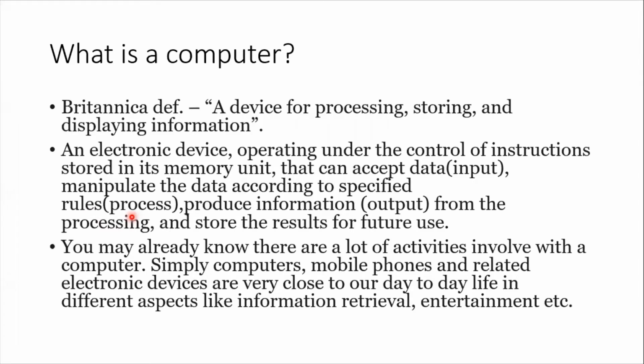And the other way around, it produces information to the outside. What the computer does, usually, is extract the data from outside, process it according to the rules defined, then provide some sort of output.